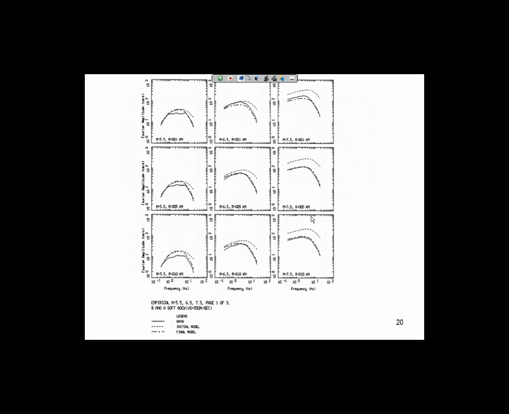Then we go to Boore and Atkinson. Again, the same set of slides, magnitude 5.5 from 1 to 200 kilometers, 6.5 from 1 to 200 kilometers, and 7.5 from 1 to 200 kilometers. You notice especially for the larger magnitudes, the fit in the Boore and Atkinson model is very good.